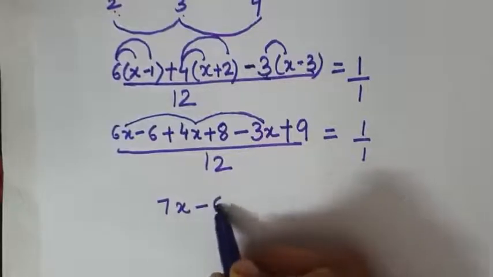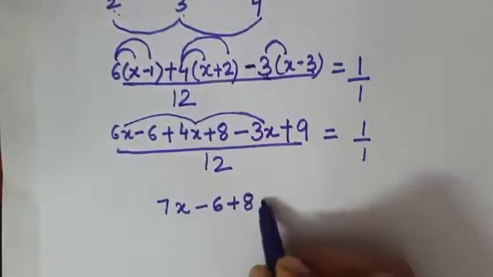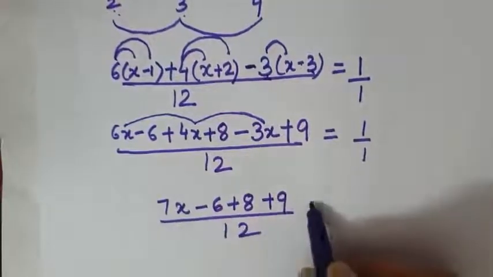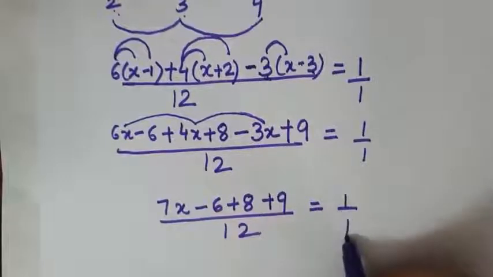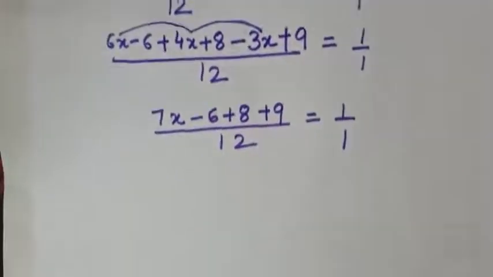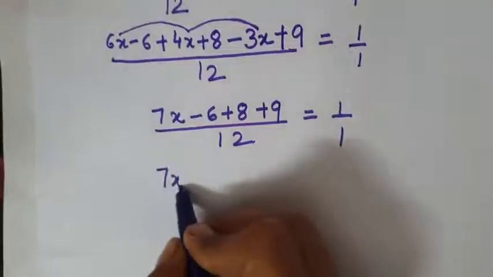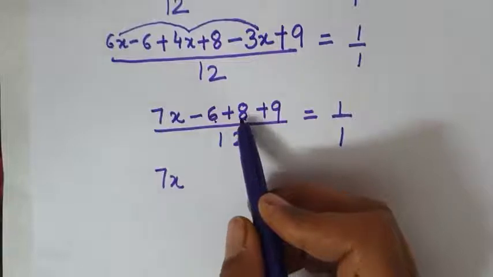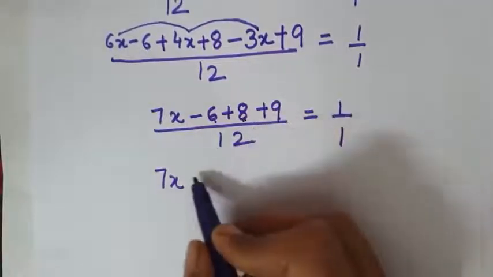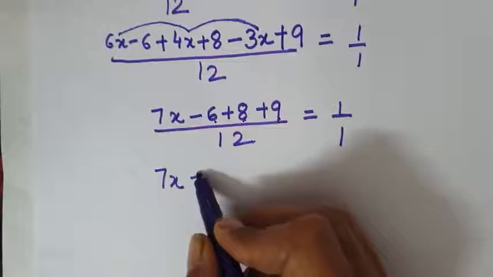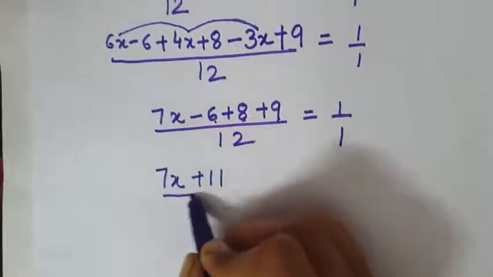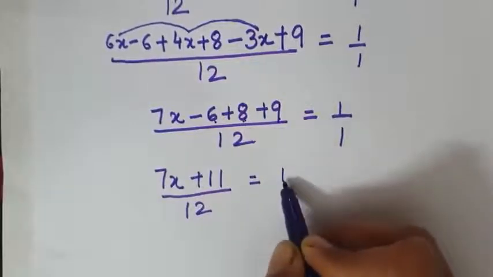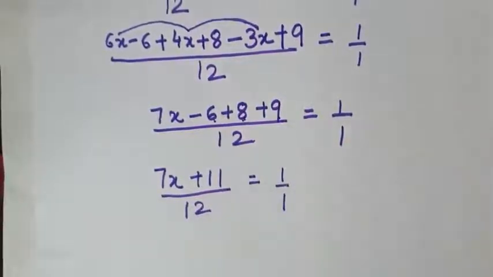Now we are left with minus 6 plus 8 plus 9 upon 12 is equals to 1 upon 1. Now 7x, minus 6 plus 8, 2, plus 9, 11. So what will we write? 11 upon 12 is equals to 1 upon 1.